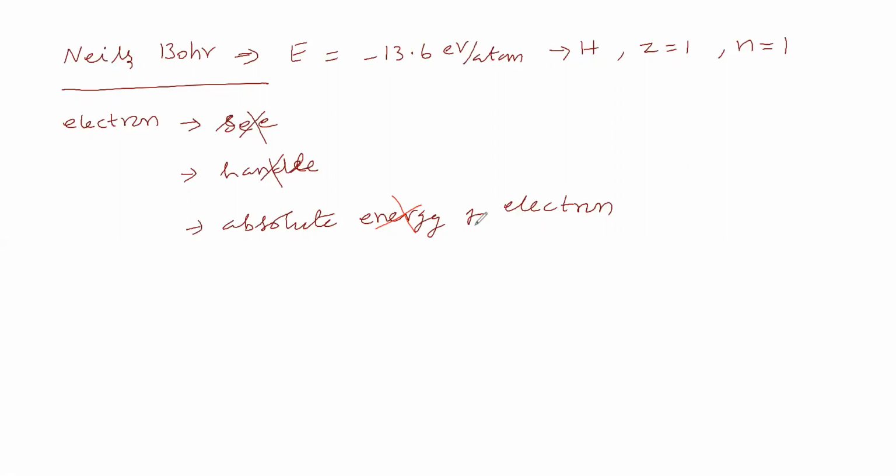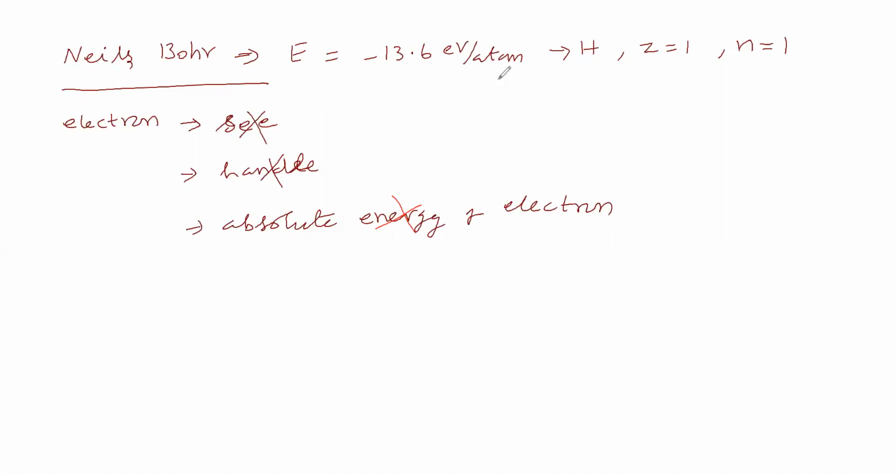So Niels Bohr also knew this fact. So he derived the energy of the electron by some other route. That means he said the energy of the electron is this much by comparing with some other point.